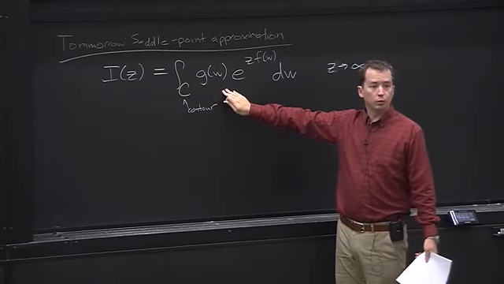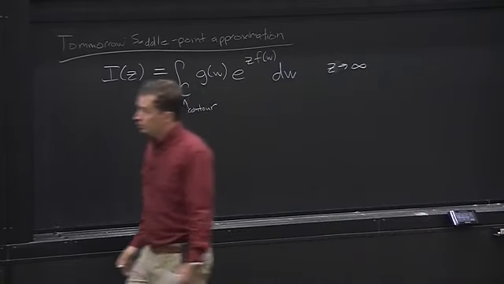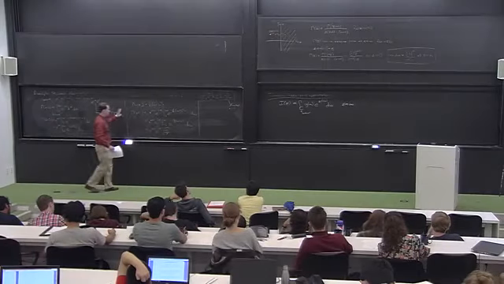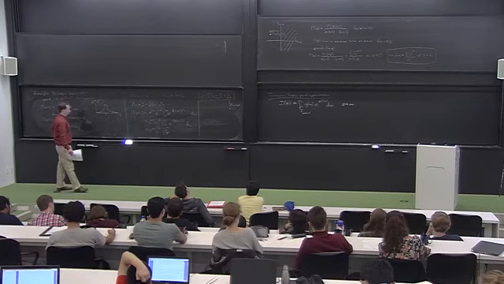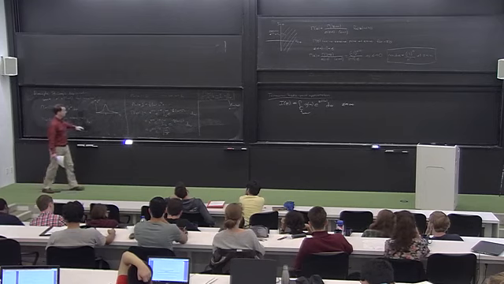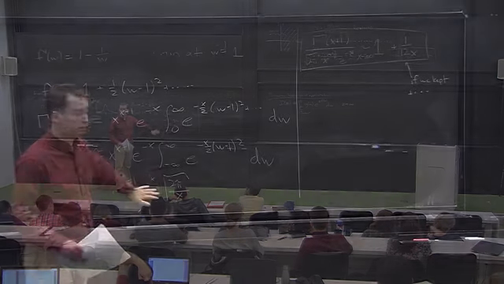And what we'll show is that we can use basically the same idea as before. There'll be some additional complications, but the basic idea is the same as before. We massage our integral until we can write it as the sum of Gaussian integrals.